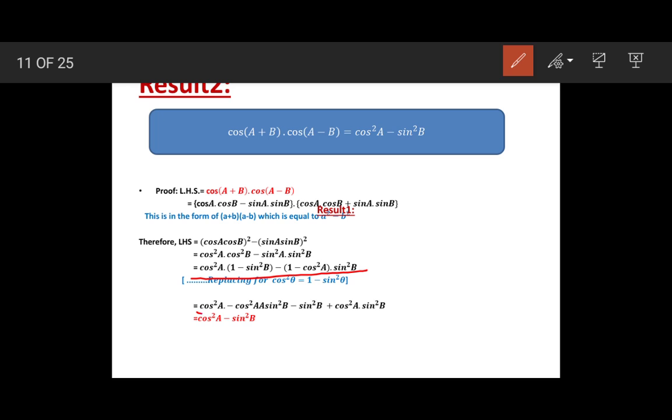So cos²A minus cos²A sin²B, then minus sin²B plus cos²A sin²B. Now cancel out the opposite terms. So cos²A sin²B, here it is negative, here it is positive. So after cancelling that term, what am I getting? Cos²A minus sin²B.